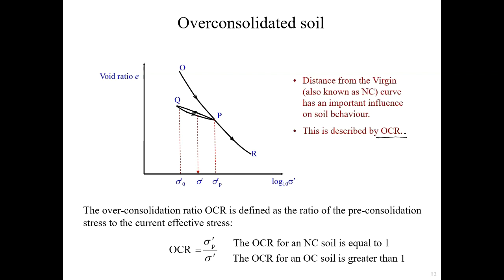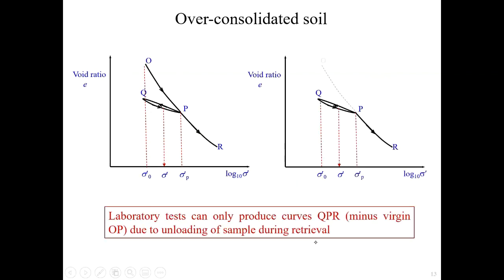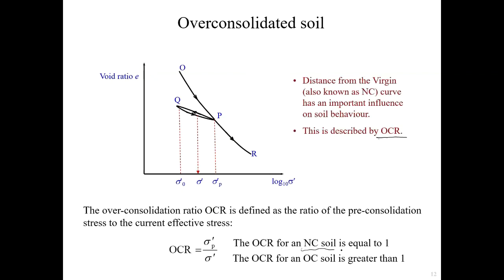If the current effective stress is equal to the pre-consolidation stress, then obviously the OCR is 1, and we say the soil is normally consolidated. So for NC soil, the OCR equals 1.